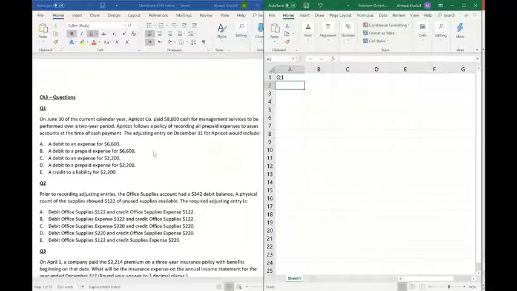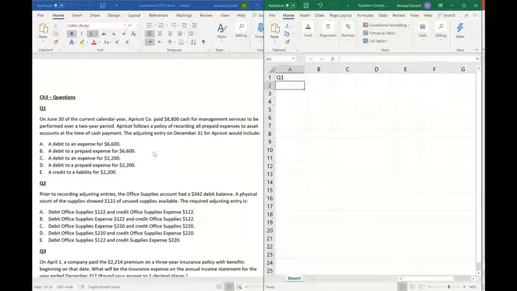In question number 1, on June 30 of the current calendar year, Apricot paid 8,800 cash for management service to be performed over a 2-year period. Apricot follows a policy of recording all prepaid expenses to an asset account at the time of cash payment. And what we need here is the adjusting entry on December 31st for Apricot.